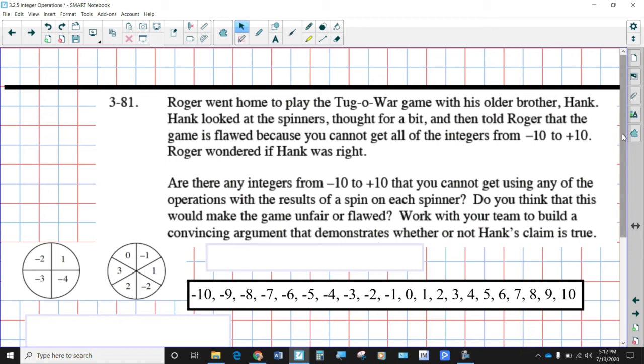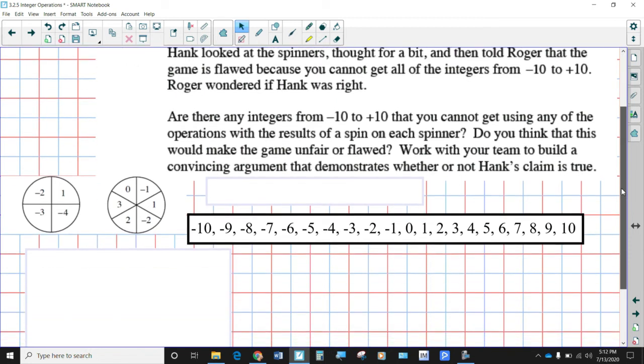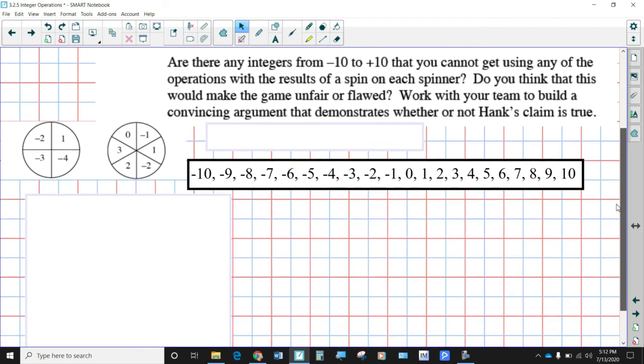So this is what I would like for you to do. Create a list, any strategy that you want, but take one number from this and one number from that, and test what would happen if you added them, subtracted them, multiplied them, and or divided them. And as you find a total sum, difference, product, or quotient that appears on this list, then cross that number off.